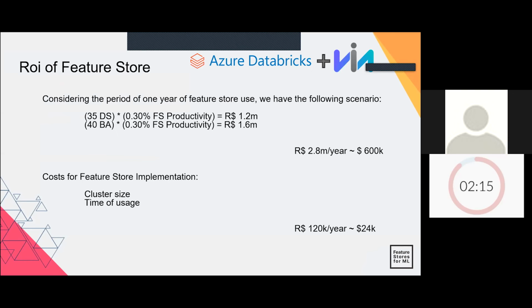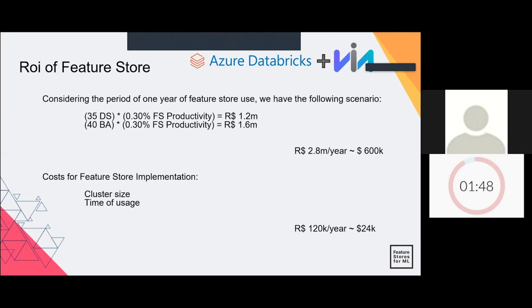So here at VIA, this number is an average among data scientists. It's something like 30% of their productivity. And now with this number, when we implement feature store, the reusability of features will be more frequent, and in the future, the creation of new features will be lower.